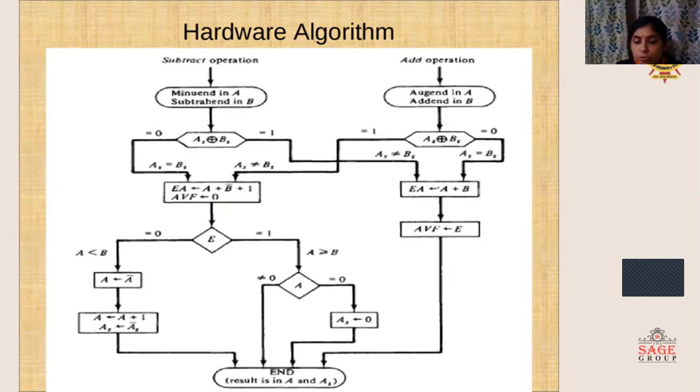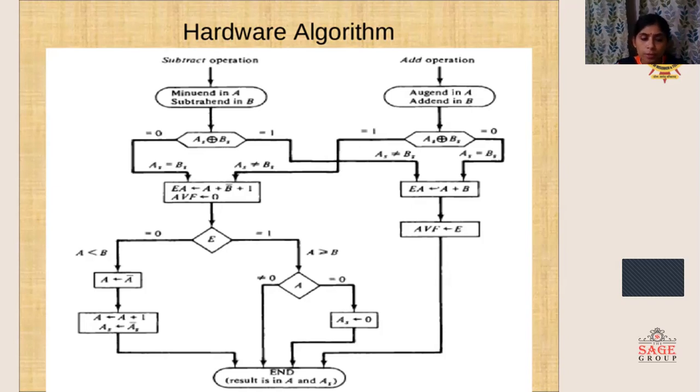If it is equal to 0, then AS will be 0, and the result will be stored in A and AS. If the value of A is not equal to 0, then directly the value will be stored in A and AS.